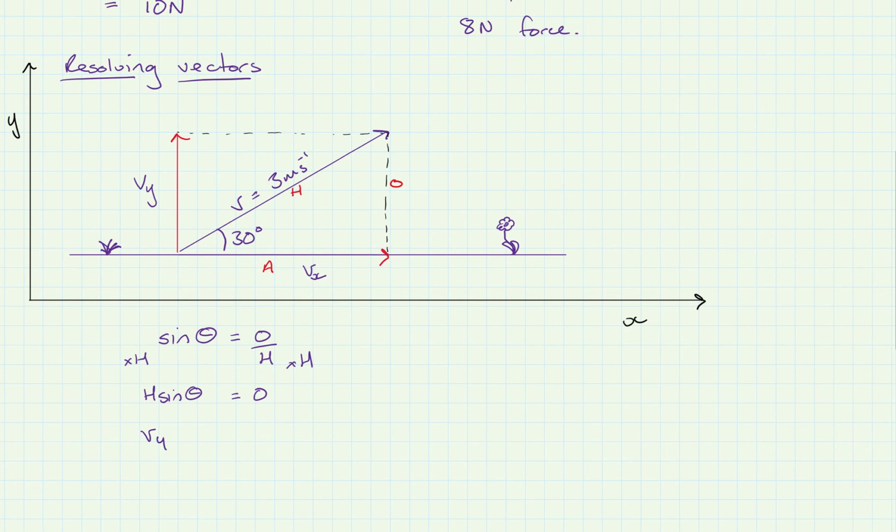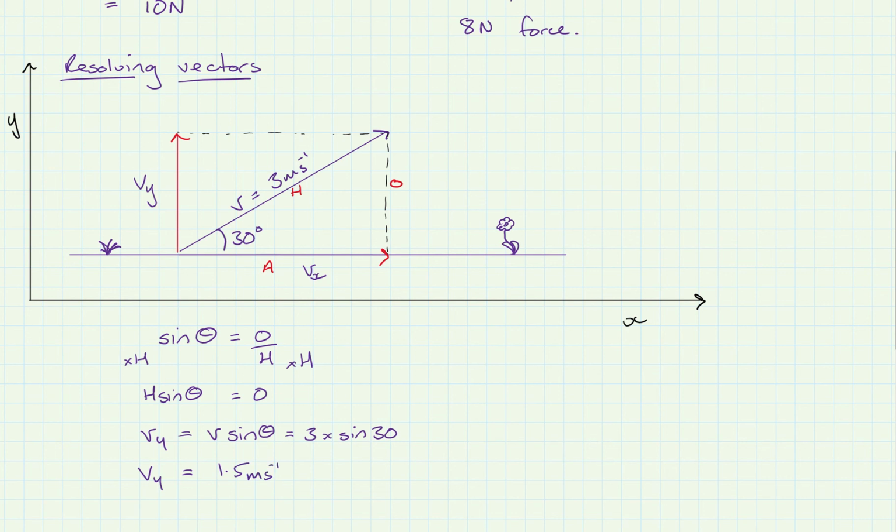So Vy equals V sine theta, which is 3 times sine 30. So Vy in this case, because sine 30 is a half, equals 1.5, and it's still in meters per second.